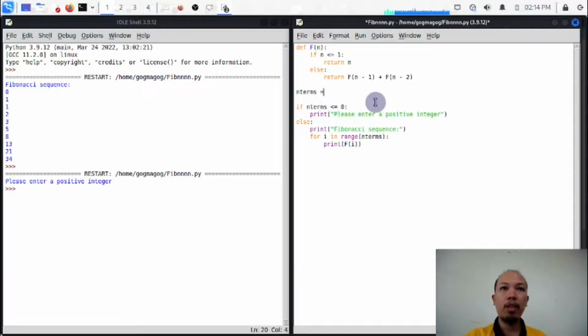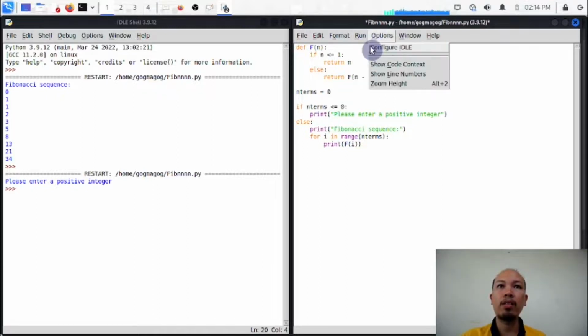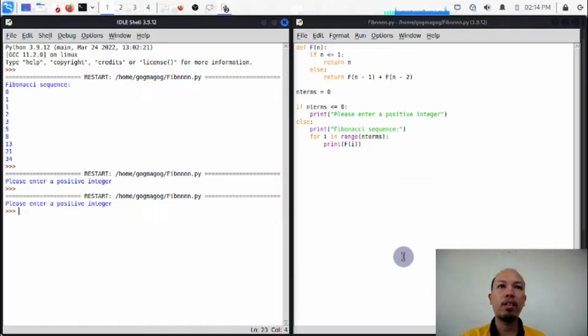How about if we have 0? Let's run. Please enter a positive integer. We know that 0 is not positive.